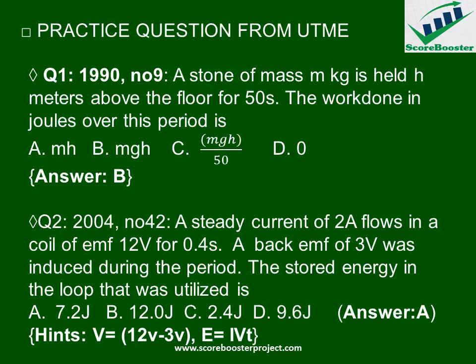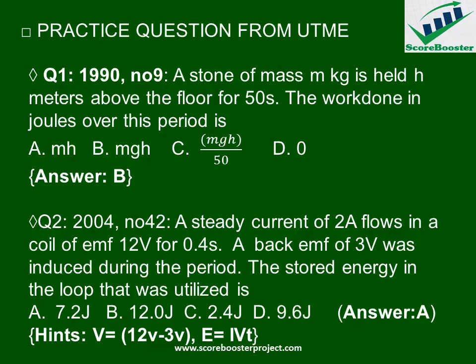So you have option A to be mH, option B to be mgh, option C to be mgh over 50, while option D is 0. The expected answer here is option B, that is mgh, and it follows the law of conservation of energy.